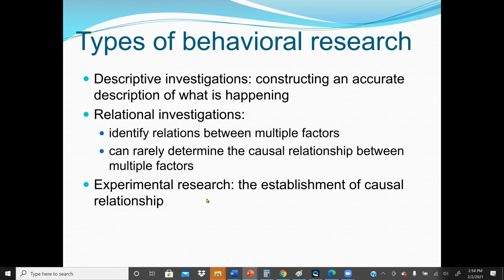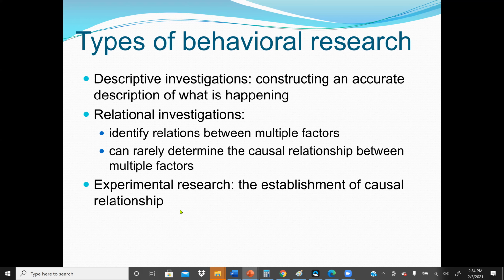Residual confounding variable is the confounding variable that exists in your research, even after you try to eliminate all the confounding variables. So most of the time in observational research, confounding variable always exists. Our goal is to minimize it. But when we are doing experimental research, we 100% establish the causal relationship.